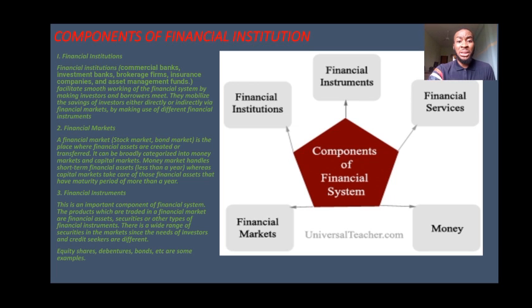I also made mention of instruments traded in financial markets: we have stocks, shares, bonds, and debentures. So these are instruments. Other financial institutions make these instruments available for the running of financial activities, meaning the deposit of money and the borrowing of money.